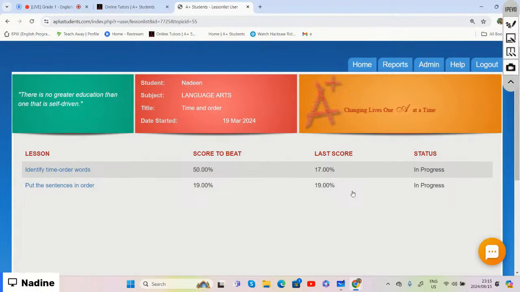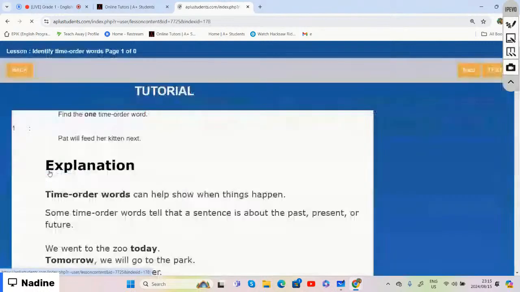So we're going to the first lesson, which is to identify time order words.